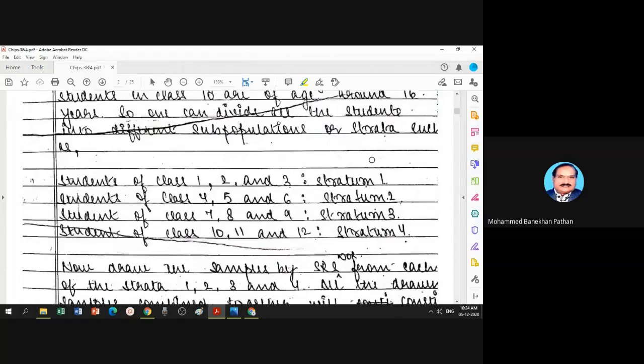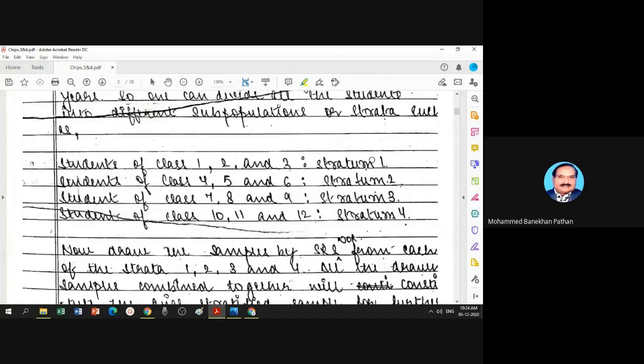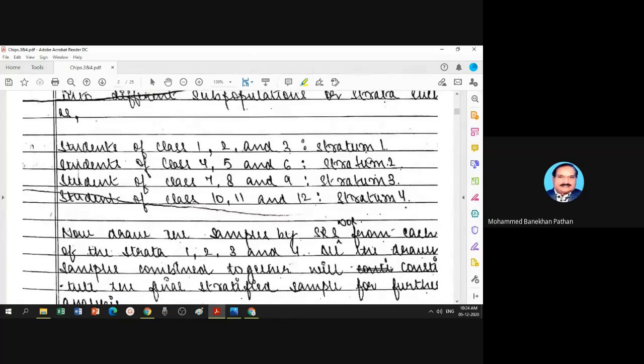And after that, suppose I want to study only 100 students from this standard 1 to 12. So what I will do, I will pick up some students from strata 1, then I will pick up some students from strata 2, strata 3 and strata 4.